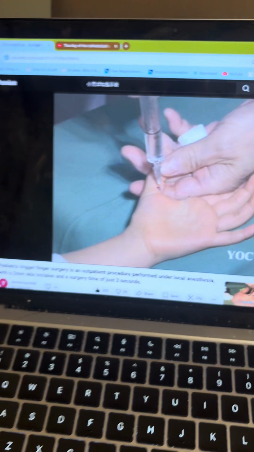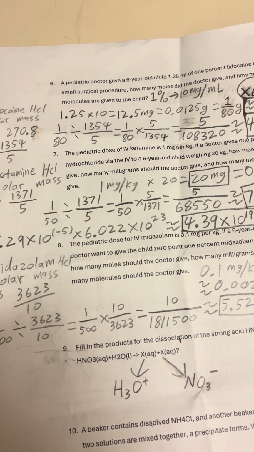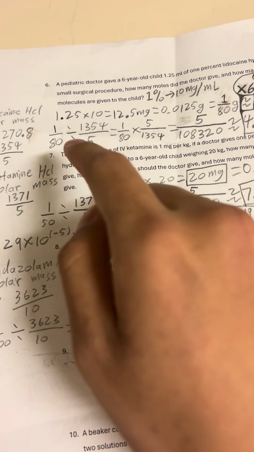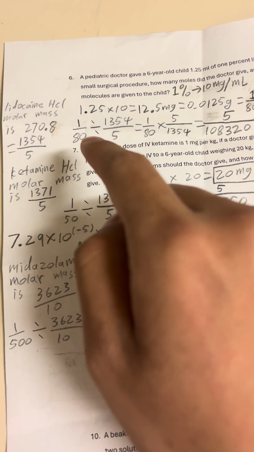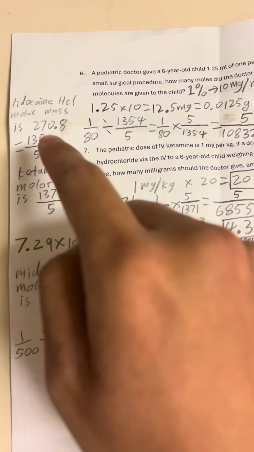So to calculate how many moles they're giving to this 6-year-old child, we can do a very simple equation. We can do 0.0125, which is 1/80, divided by this improper fraction, which is the molar mass.